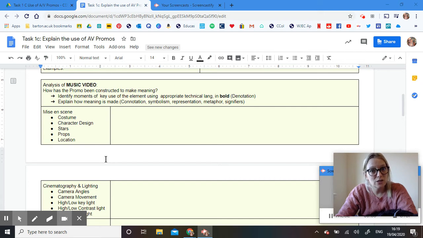You need to put those technical words in bold so that the moderator and us can see that you're using the technical language. So you might be using technical language, especially for cinematography and lighting, like high key lighting, low key lighting, the different camera angles and things like that. All that stuff needs to go in bold.